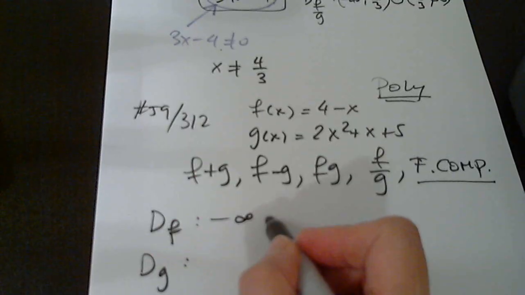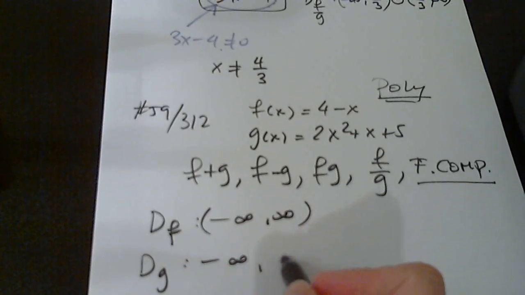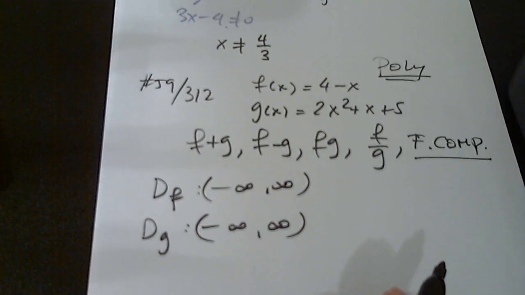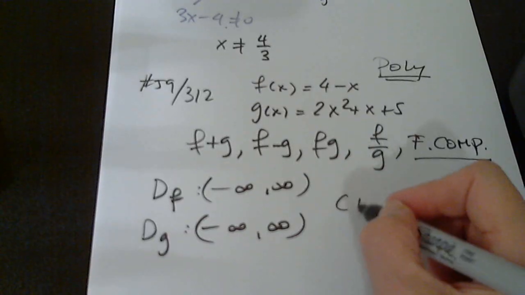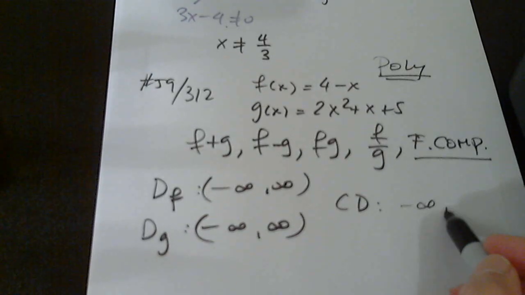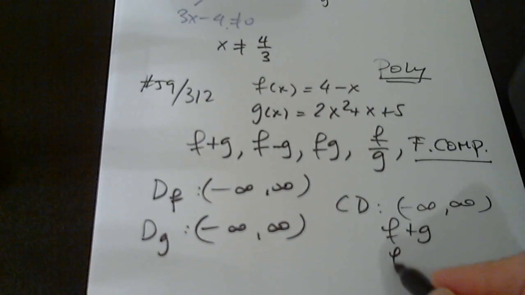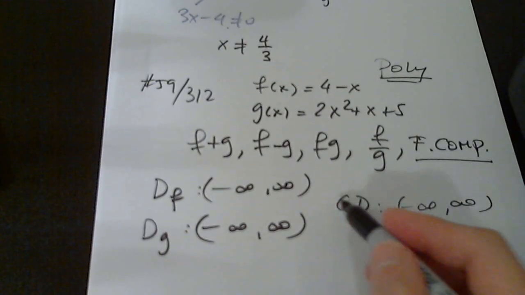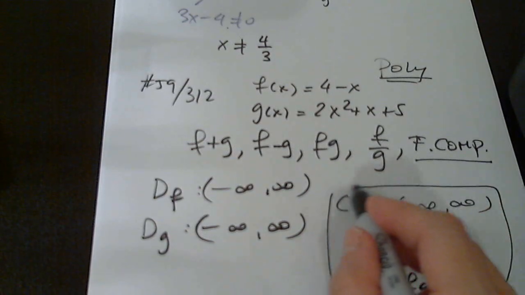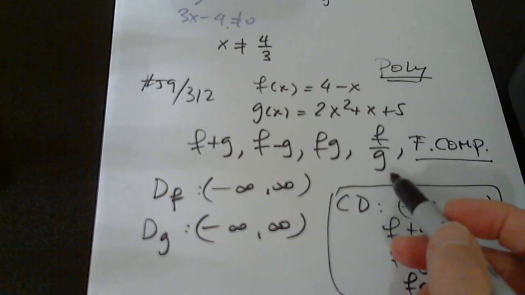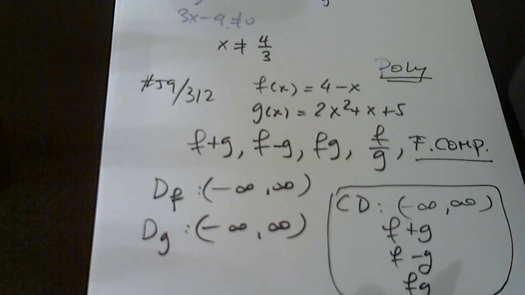The domain is always all real numbers. Linear, quadratic, cubic. Good. So then the common domain is also the same thing. The domain of the sum, the domain of the difference, and the domain of the product will always be the same as the common domain. The ratio may or may not. We don't know.